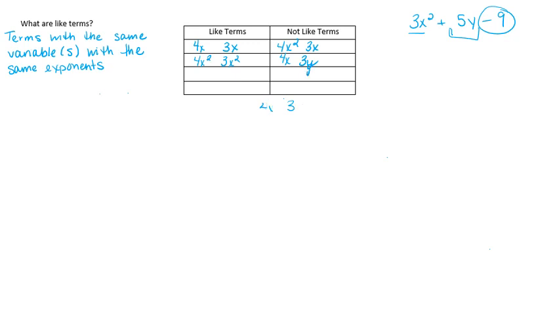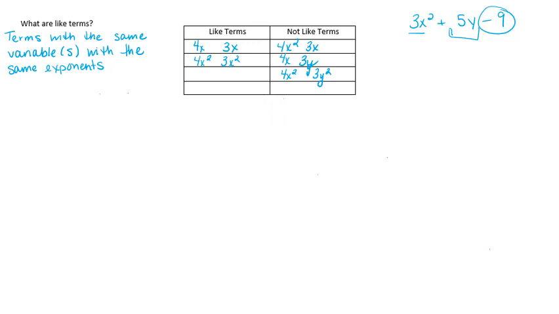All right, how about 4x squared and 3y squared? They're both square terms. However, one's an x, one's a y. Those are not like.